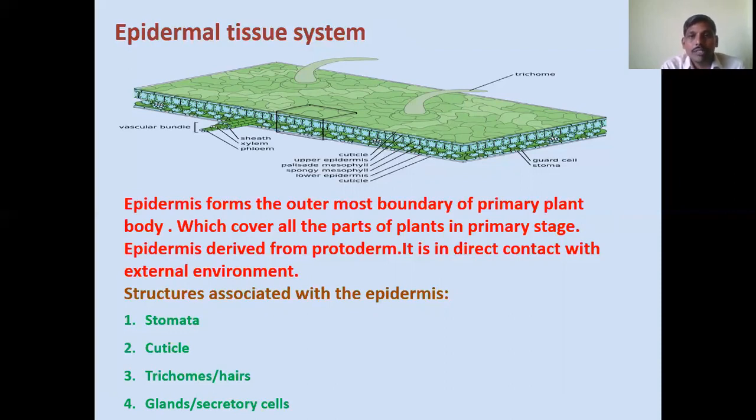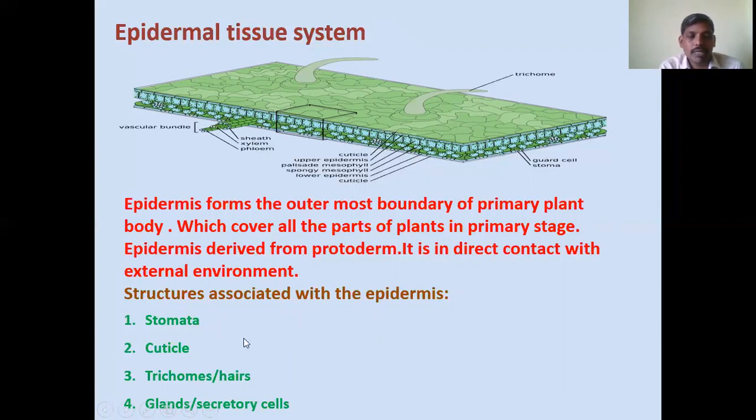So for example, this is a leaf structure. See the superficial layer and other accessory parts of the epidermis constitute the epidermal tissue system. This epidermal tissue system has its main part as epidermis, which is associated with a few structures also. For example, in the epidermis we can see stomata.